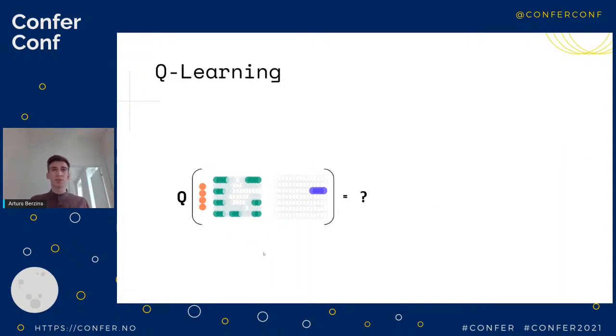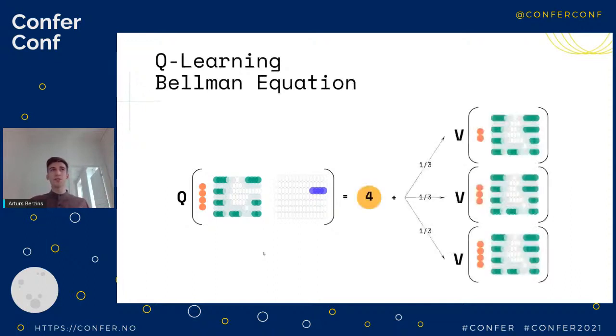And this is where Q learning comes in, a very classic reinforcement learning method. It is basically based on the Bellman equation. Here is a simpler form of the Bellman equation, which says the Q value of a given state and action consists of the immediate reward you get after performing this action in the state, plus the value of the state you land in.